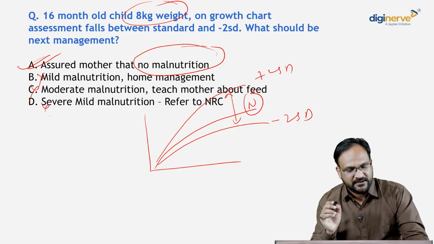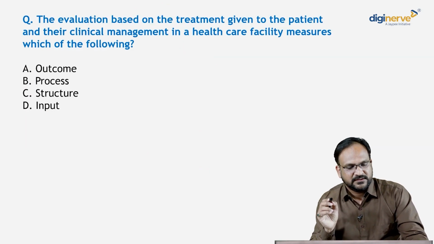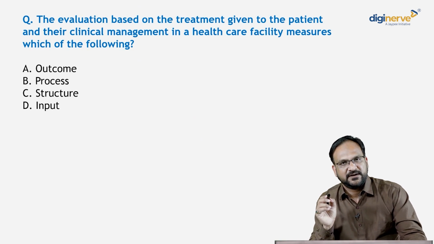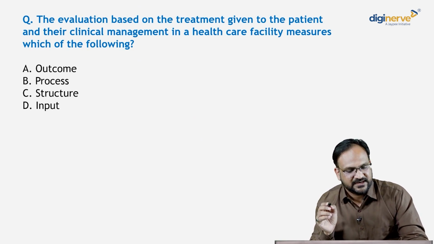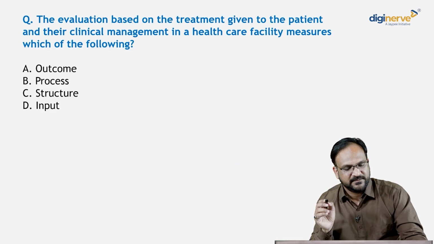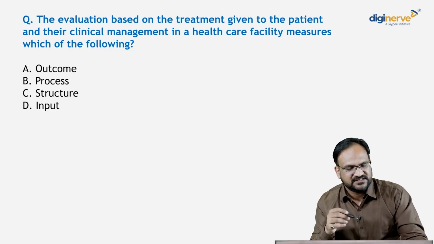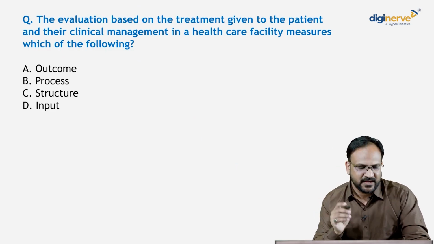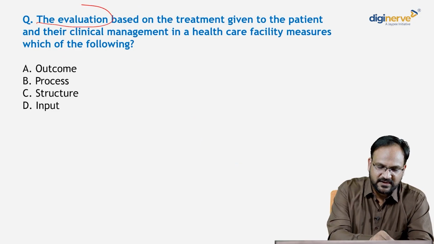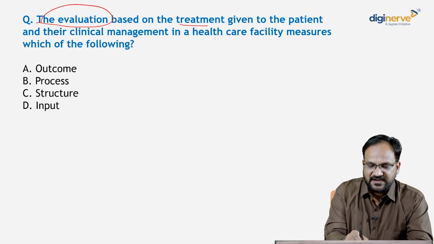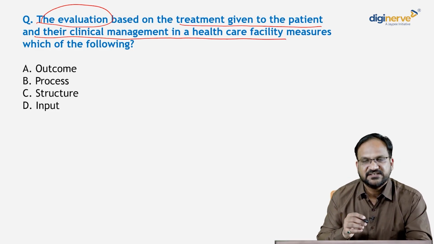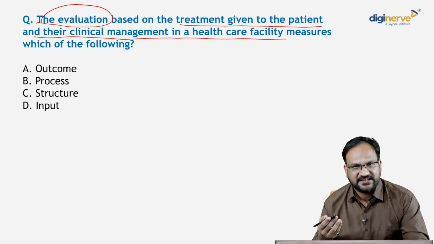Okay. Then next one: the evaluation based on the treatment given to the patient and their clinical management in a healthcare facility measures which of the following? It is a very vague question talking about the evaluation. I am not getting anything after reading the question, so I am going towards the options.